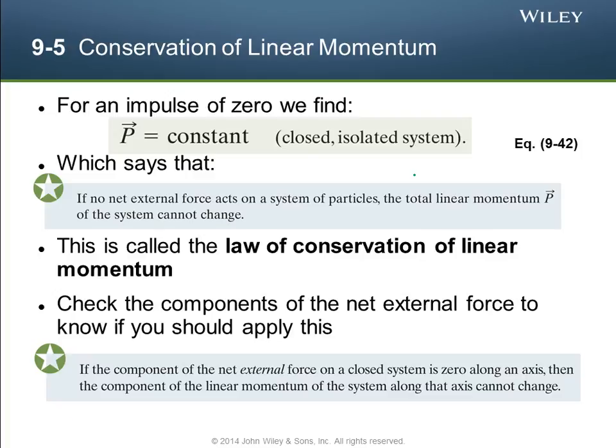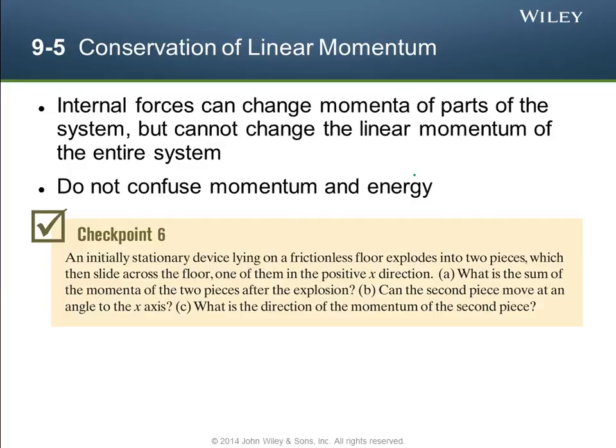As long as there's no external force, we know that we will have conservation of momentum, and this also accounts for all the parts. The momentum of each little piece in the system could change, but the sum of all the momenta is going to be constant. A key point here is don't confuse momentum and energy. Sometimes they are both conserved, but oftentimes energy is not conserved, but momentum is.